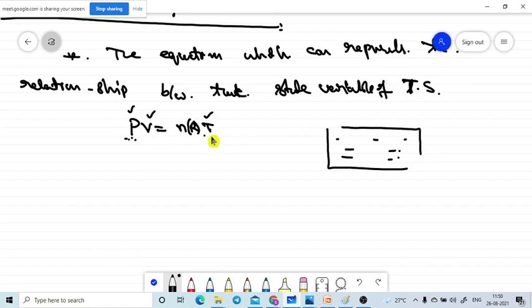PV is directly proportional to the temperature of the system. That means this equation can be named the thermodynamic equation of state of the ideal gas system.